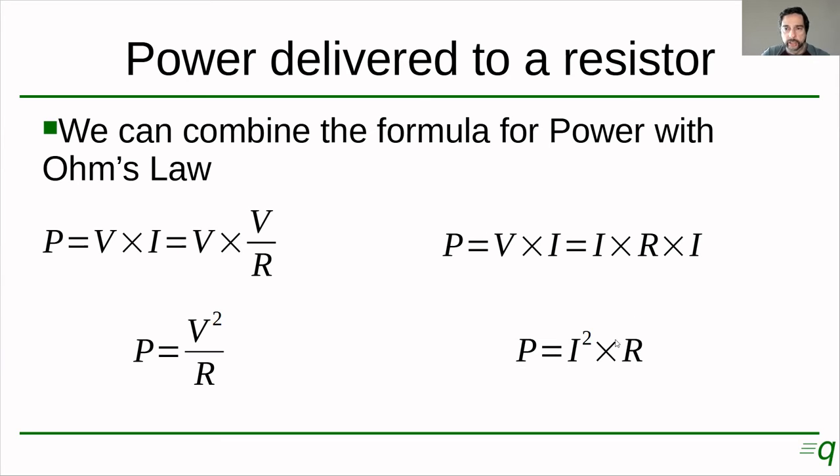So that is I squared, I times I times R. So the power is going to be I squared times R. So if you have a resistor and you know how much current is flowing through it, you can calculate the power as well. All right. So these are just substitutions that allow us to calculate the power delivered to a resistor easier.